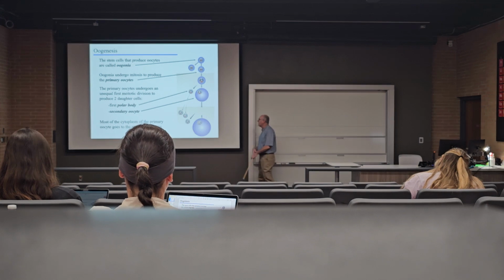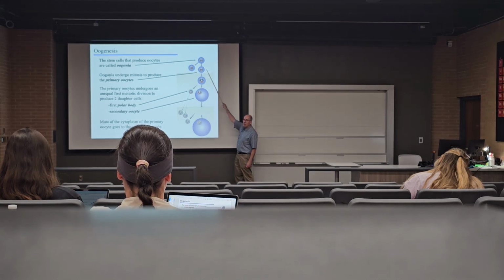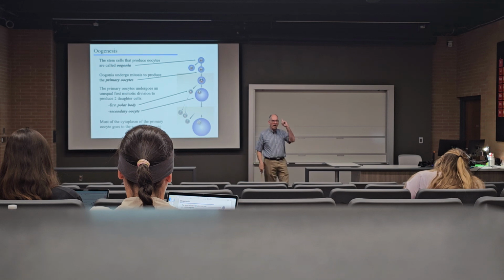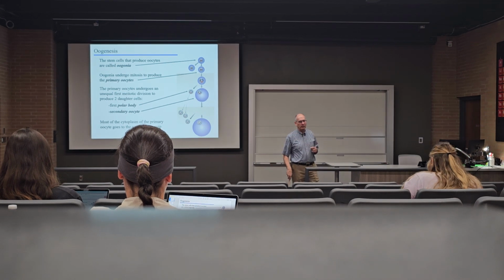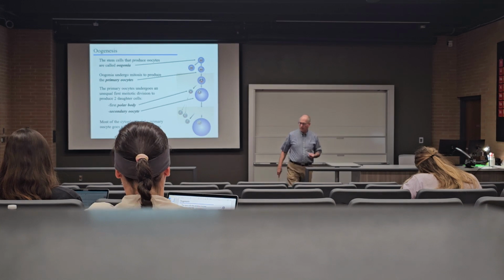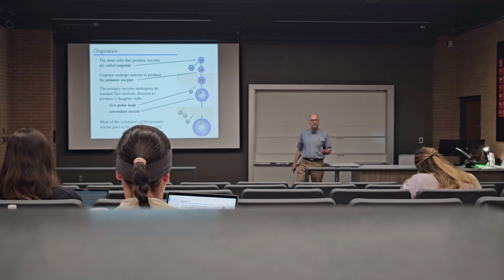So again, some very big differences between spermatogenesis and oogenesis. Number one, we start out with one cell up here, we end up with one oocyte as a result. So we started out with one diploid cell, we ended up with one haploid cell as a result of all this. One functional oocyte. This is again in contrast to sperm, where we end up with 4 haploid sperm.